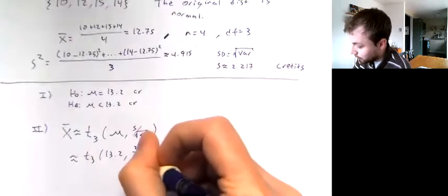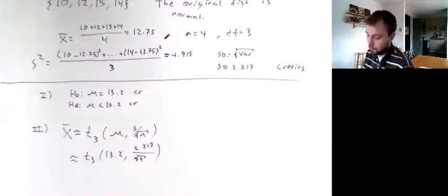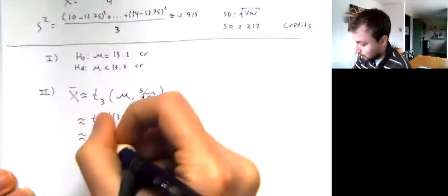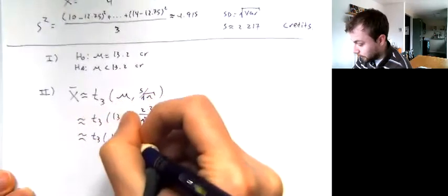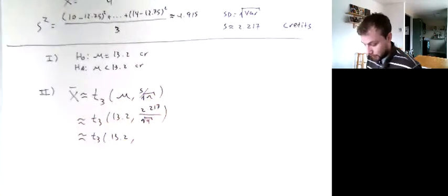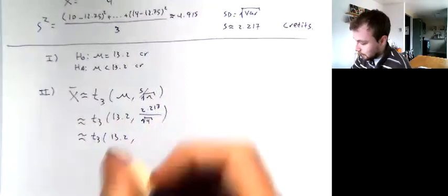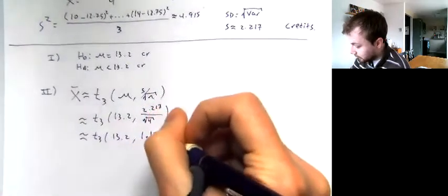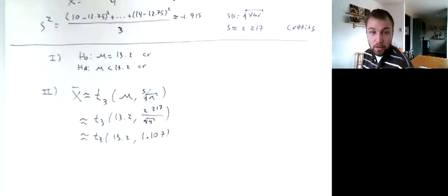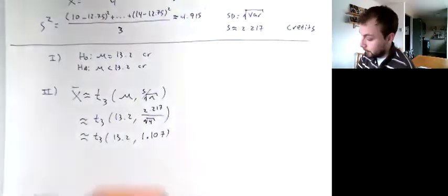So when I take the square root of 4, that's just 2. So I have 13.2 comma, 2.217 divided by the square root of 4. I have a standard error, a standard deviation-like thing for my model, of 1.107.